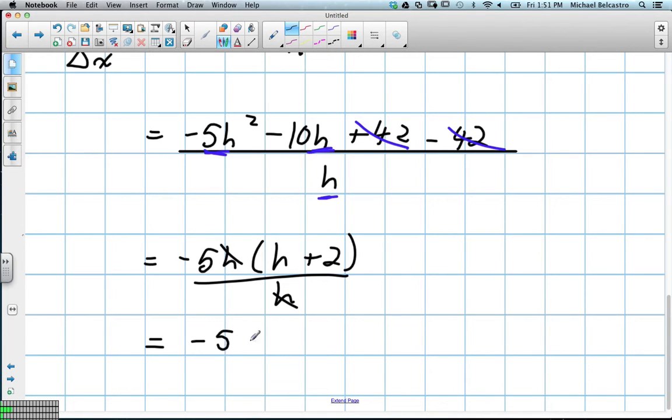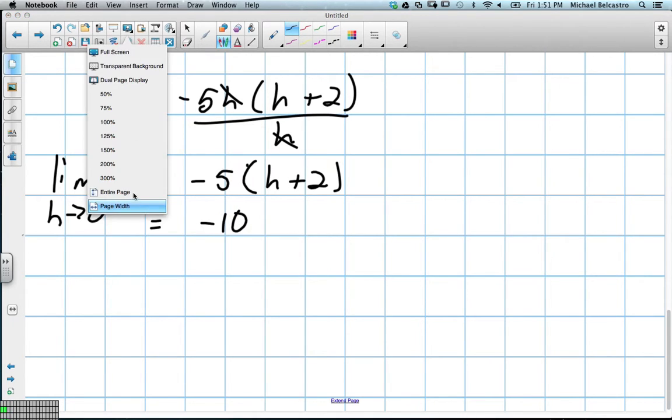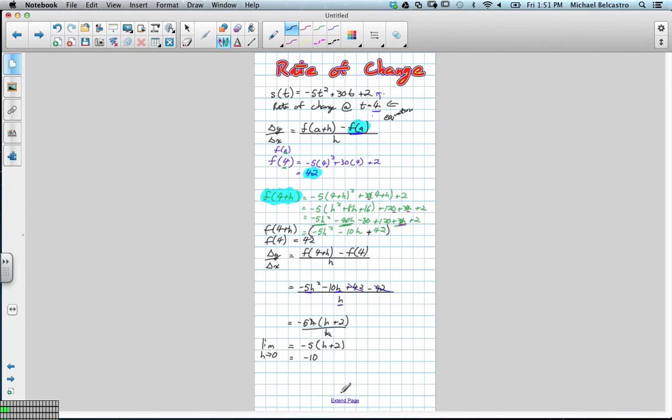We have negative 5 times h plus 2. Remember, we're still looking at this as a limit as h approaches 0 because it's instantaneous. So when we plug in 0, our limit should be negative 10. The rate of change at this point in time is negative 10.